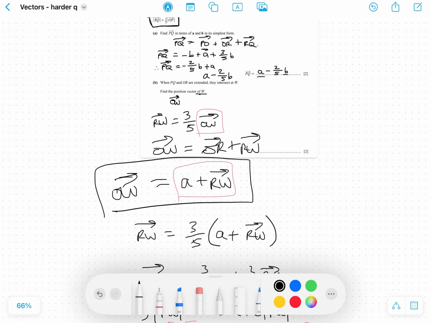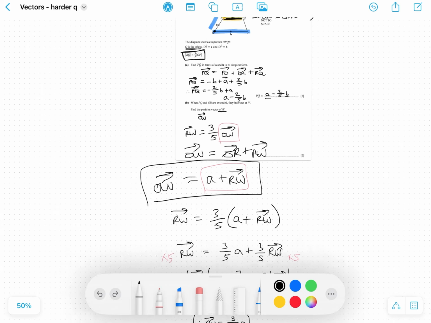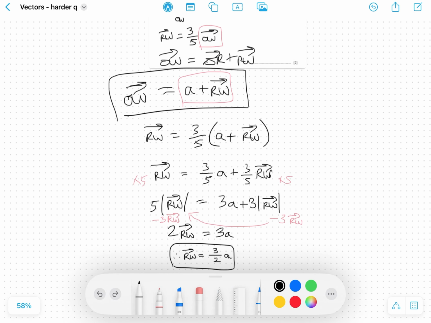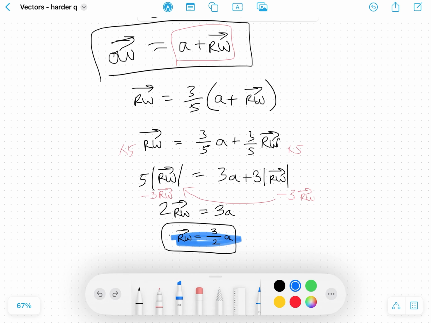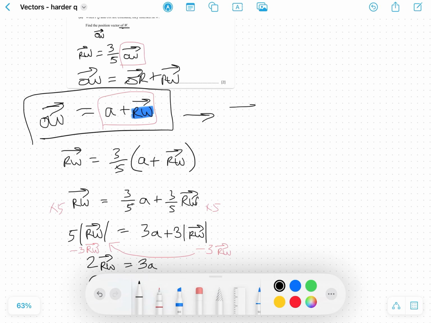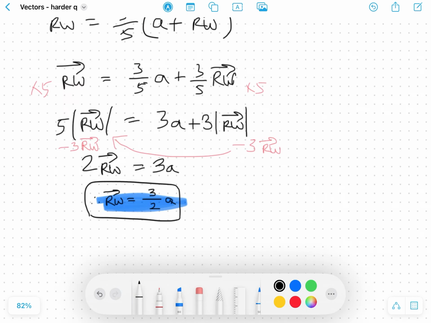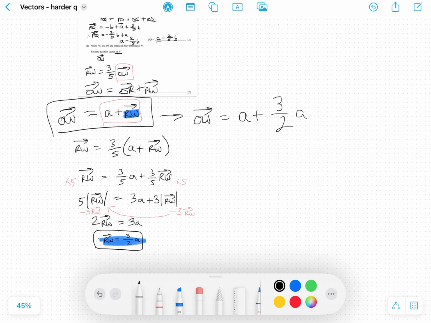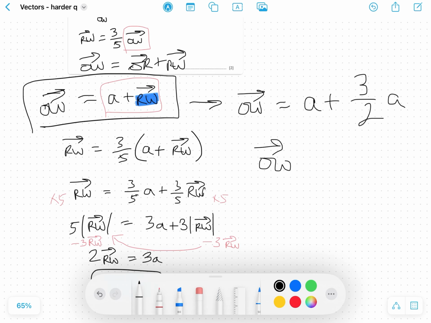The vector OW is equal to OR plus RW, which is equal to A plus RW, since vector OR is A. Therefore, we can now substitute this value into this equation here, and we obtain that the position vector of W, OW, is equal to A plus 3 over 2A. And therefore, OW is equal to 5 over 2A.